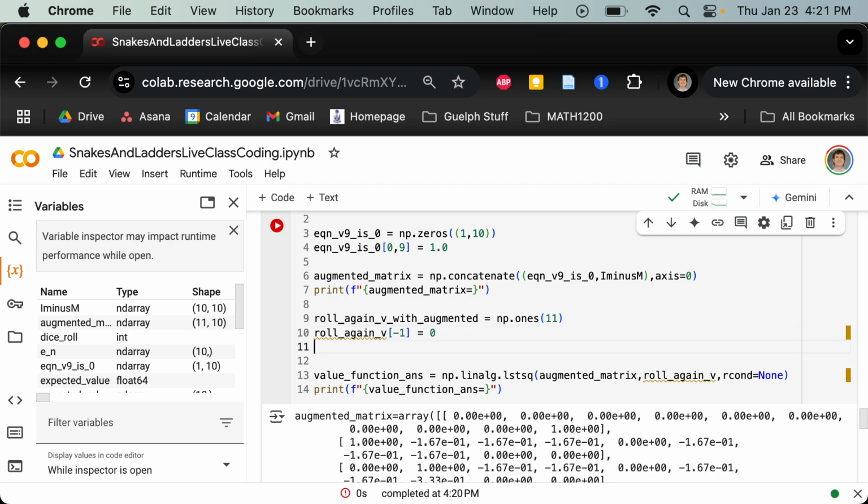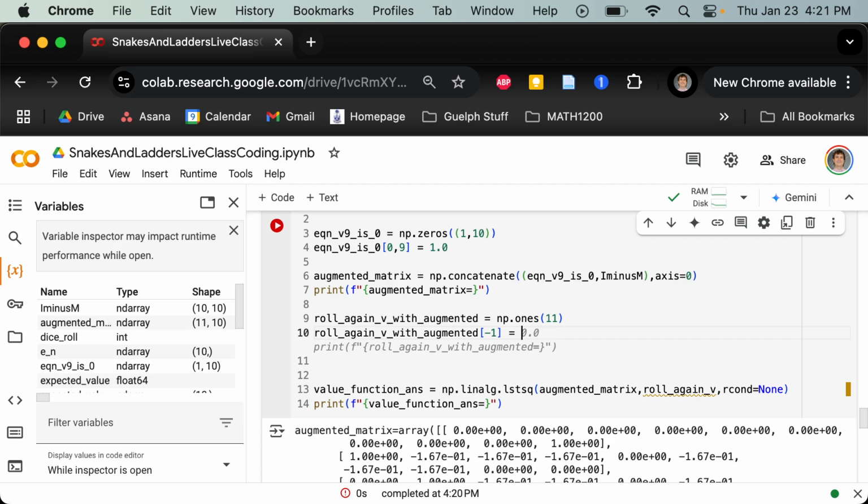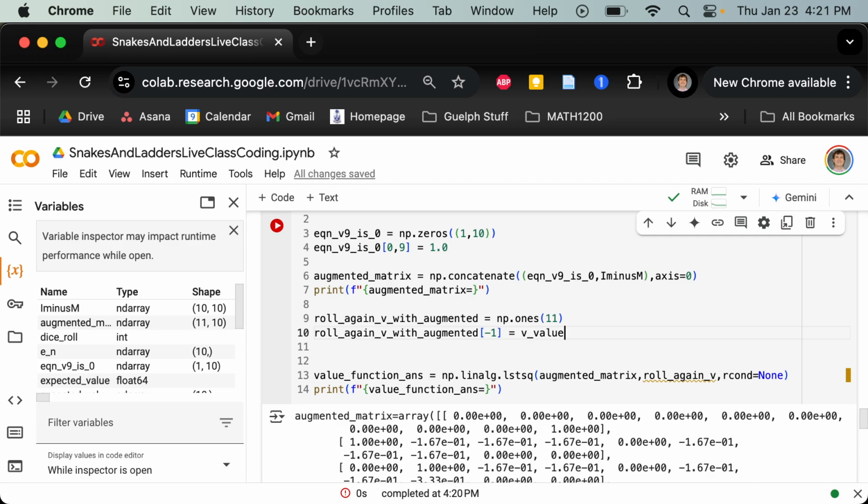And actually, I want the last 2 entries to be 0 with augmented. So maybe a little hacky. This is a nice thing you can do sometimes: instead of putting in values, you put in variable names. So let's put in the v value at terminal state, and let's make that 0.